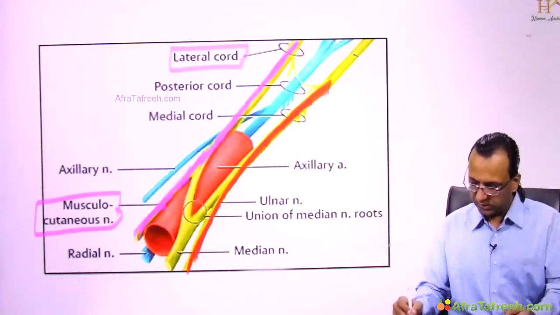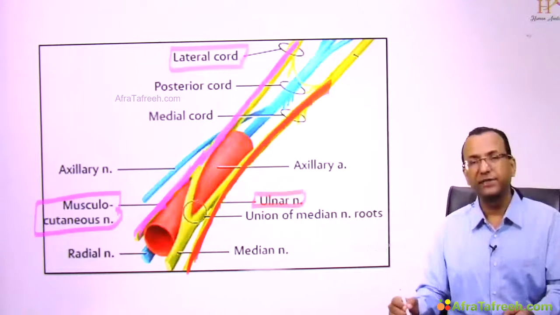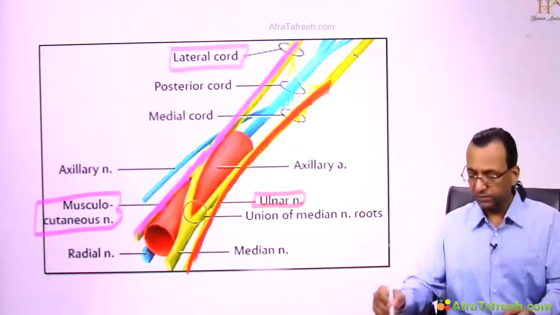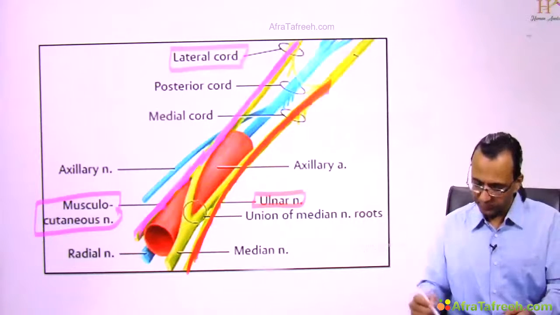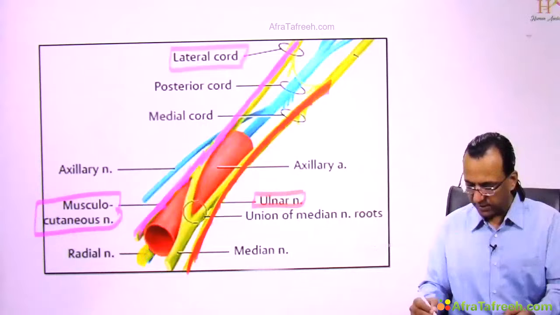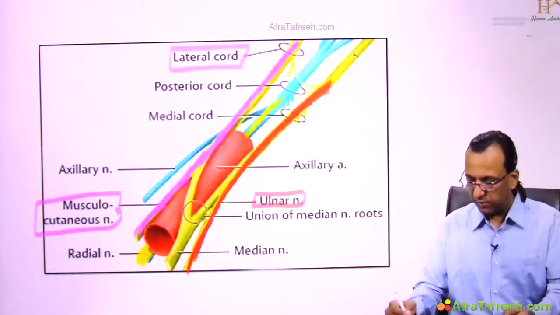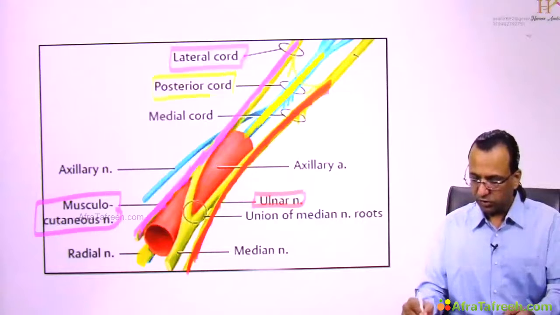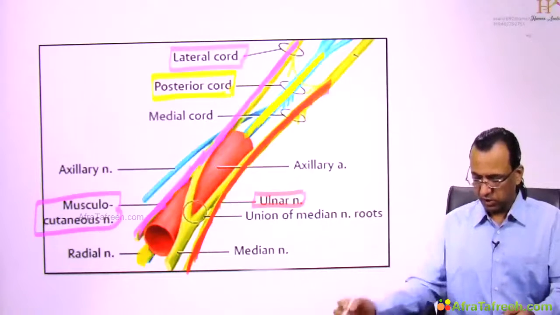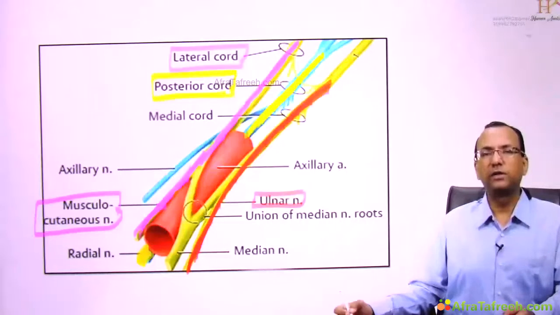And what about the radial nerve? The radial nerve is actually the continuation of the posterior cord of the brachial plexus. I think we'll have to draw a diagram now. Let us draw the diagram.